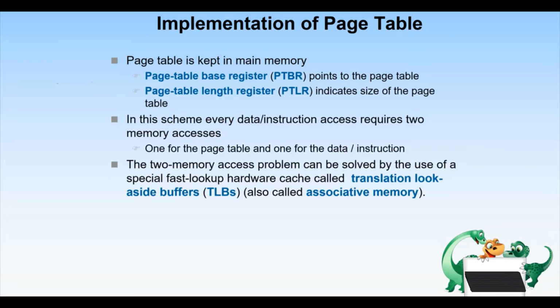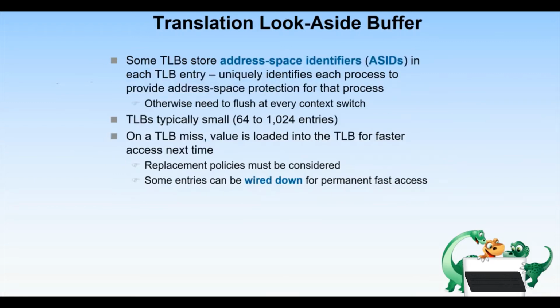The 2 memory access problem can be solved by the use of a special fast lookup hardware cache called translation lookaside buffers, or TLBs, also called associative memory. Again, we are discussing different techniques used in memory management and innovating on the existing methods.